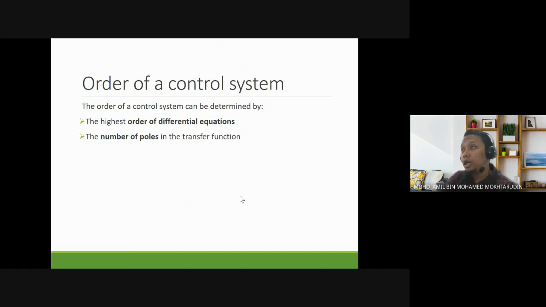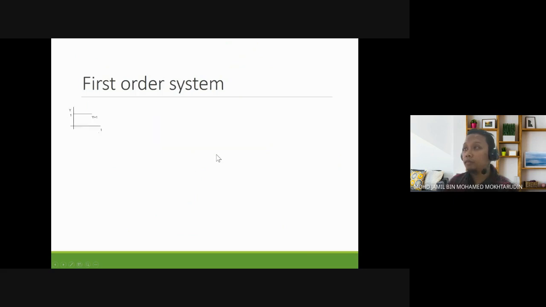Now let's look at some types of control system in terms of the order of a control system. The order of a control system can be determined by looking at the highest order of the differential equations or looking at the number of poles in the transfer function.